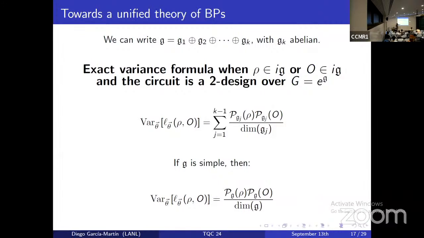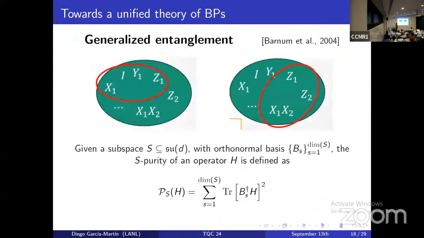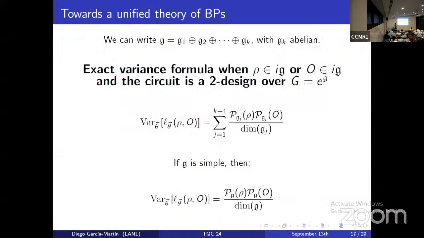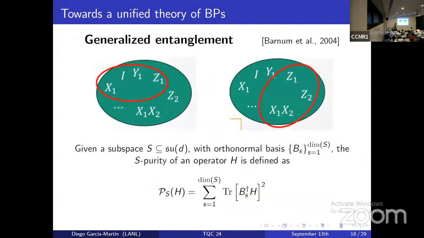And then we have these other things, the g-purity of rho and the g-purity of O. So let's see what these are. These are essentially a measure of what is the support of the observable or of the state in the algebra, how much component you have there, how pure your states are in the algebra. In particular, these are measures of so-called generalized entanglement, which were introduced in a paper in 2004.